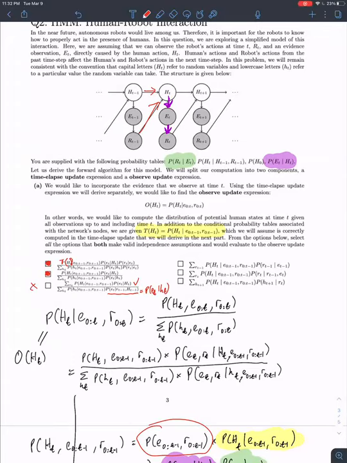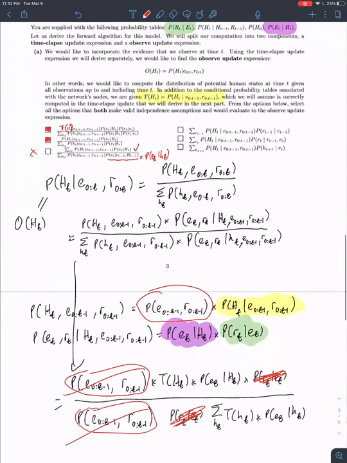Next one, you're summing over rt minus 1, ht given e0 to t minus 1, r0 to t minus 1, probability rt minus 1, et minus 1. Why isn't this it?